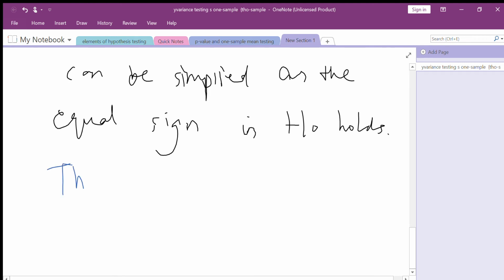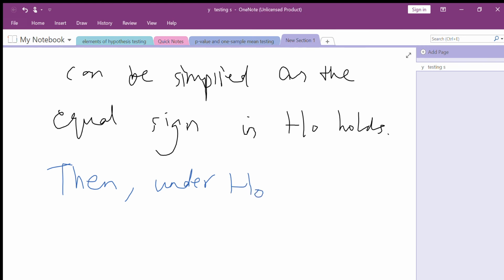Then under H null, in this single-sided hypothesis testing, which is sigma squared smaller or equal to sigma 0 squared, we just care about the equal sign.